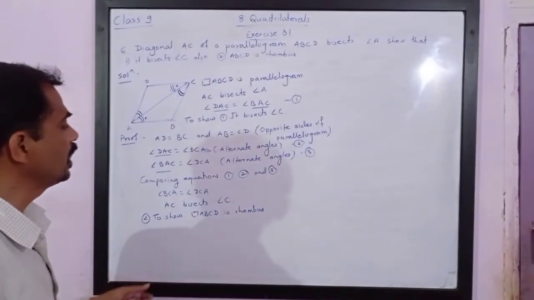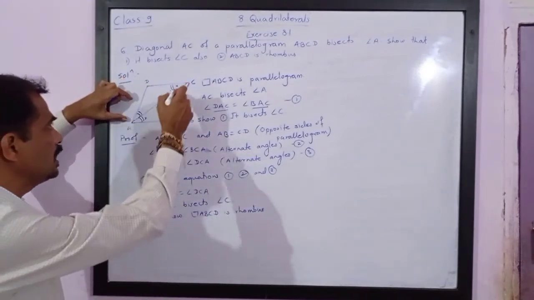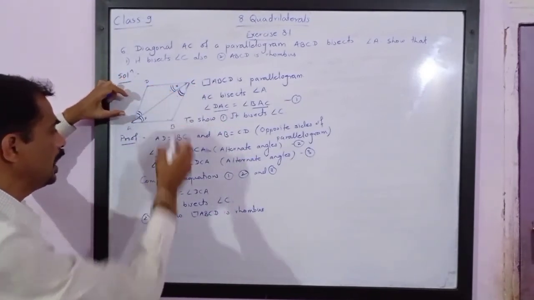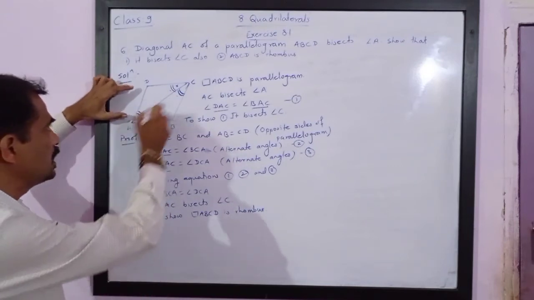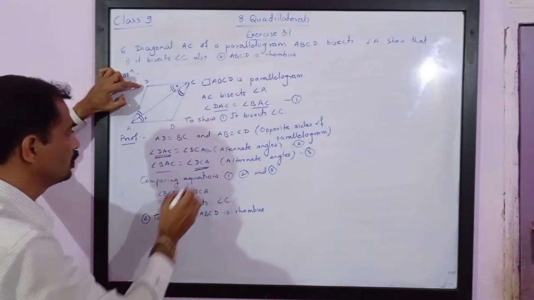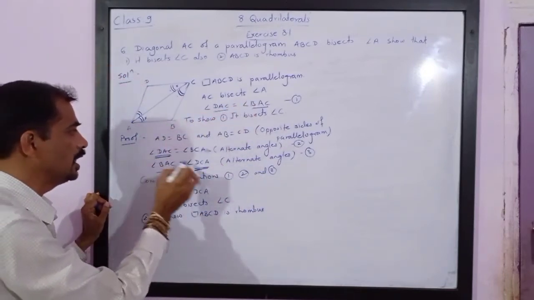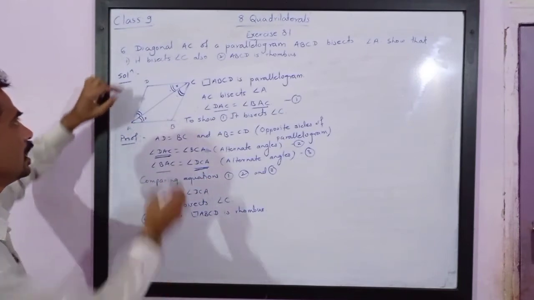So here we will get, we have got DAC equals DCA. Watch carefully. DAC is this angle and DCA is this angle. See, all these angles are equal to one another.